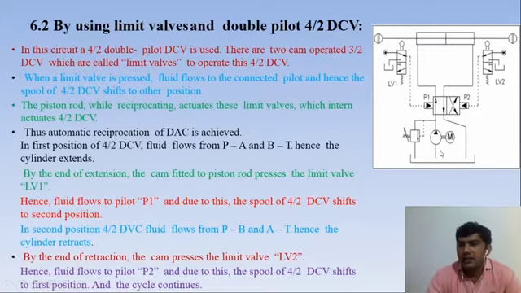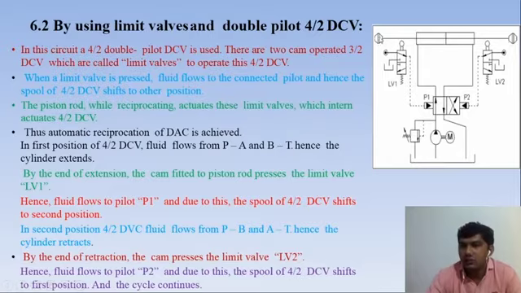Whenever we start our hydraulic pump, in the first position, the pump will shift the hydraulic fluid from the reservoir to the pump and from the pump to the cylinder. So fluid will be passed to the left hand side of the cylinder, and the piston will move from left to right hand side.